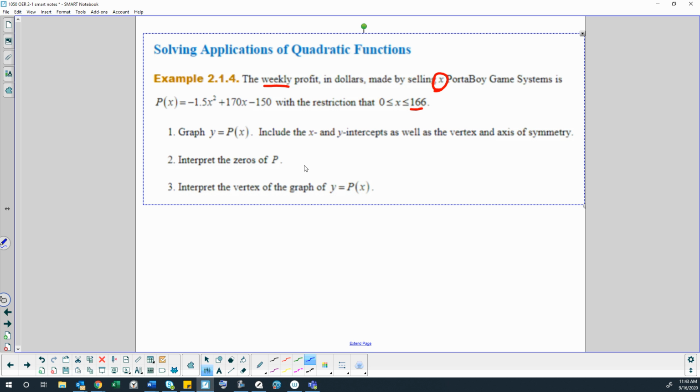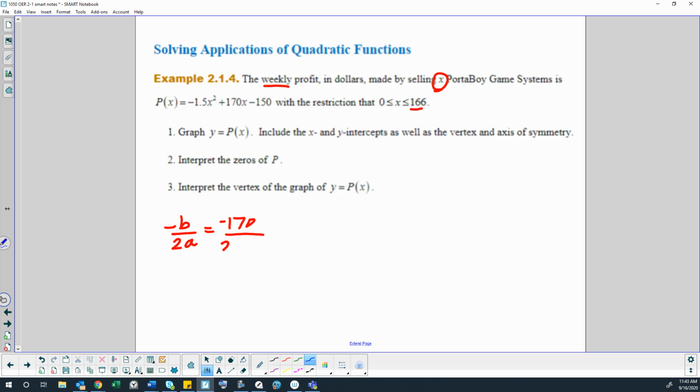So let's do that. Let's do our negative b over 2a. So negative 170 over 2 times negative 1.5. Sorry, I'm not paying attention. All right, so somebody calculate that for me. I would throw it in a calculator.